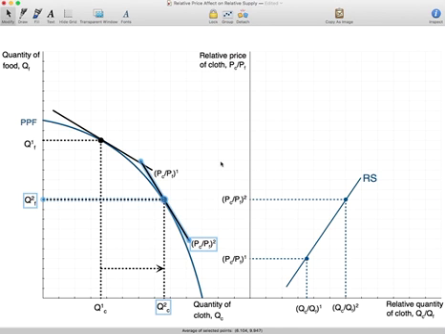And we recognize that with an increase in the relative price of cloth to food, that increased the relative supply of cloth to food. So this gives us this upward sloping supply curve because of the increasing price of cloth relative to the price of food.